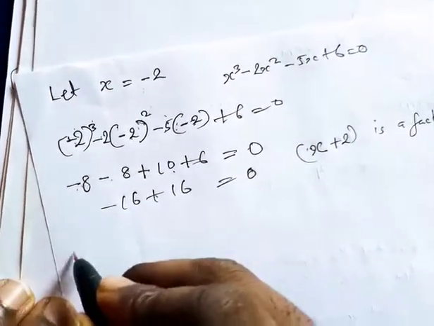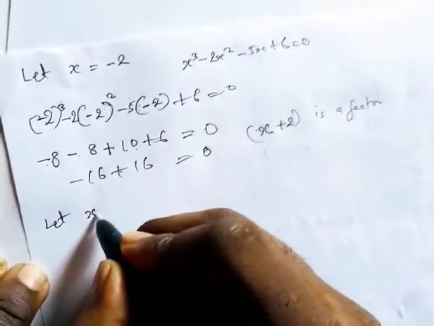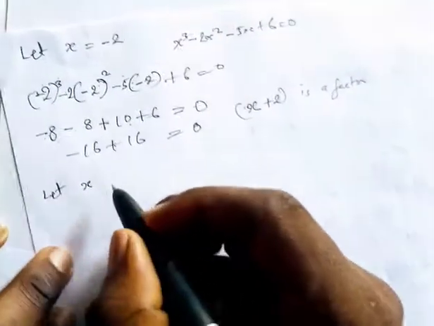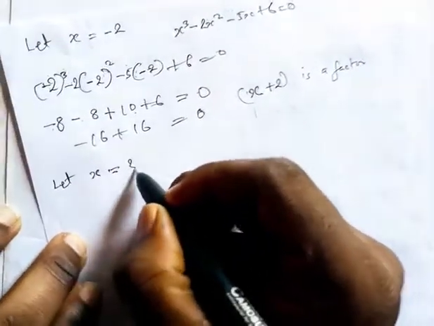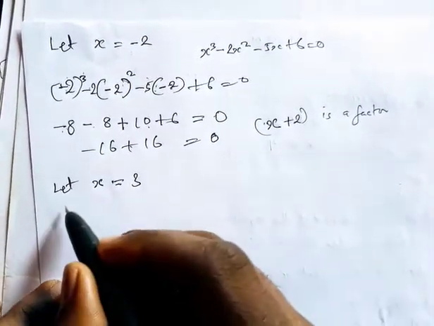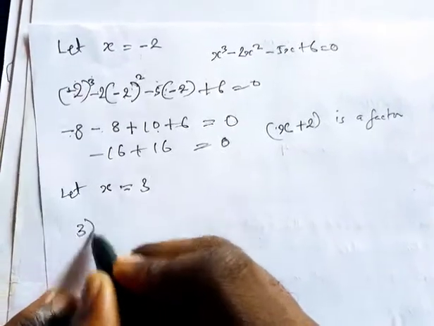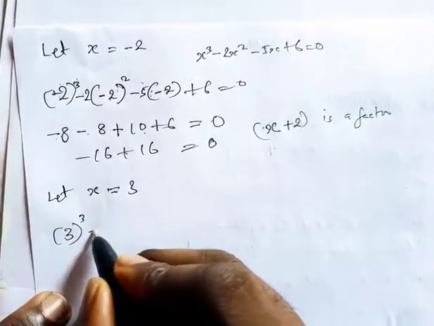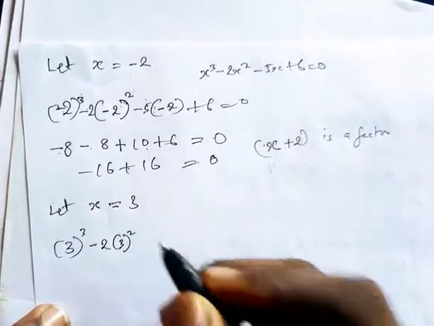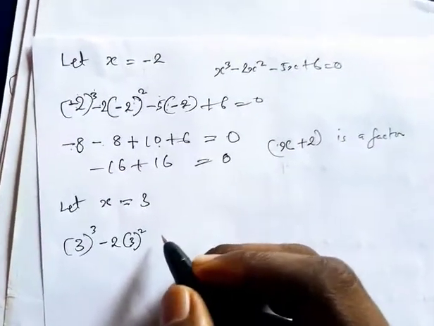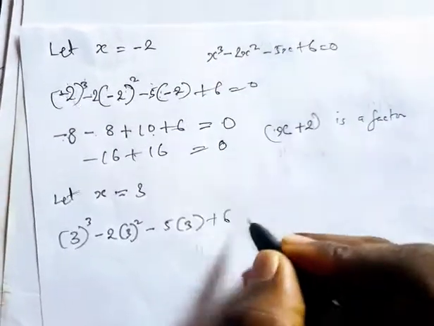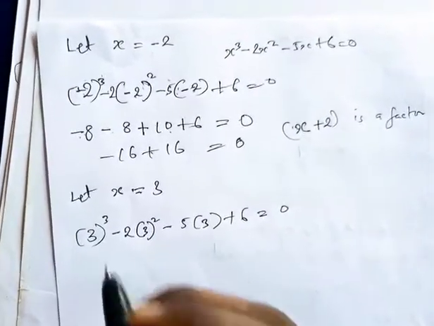So we continue trying by error. Let x equal to positive 3. And we say, okay, 3 cubed minus 2, 3 squared, then minus 5, 3 plus 6, all equal to 0.